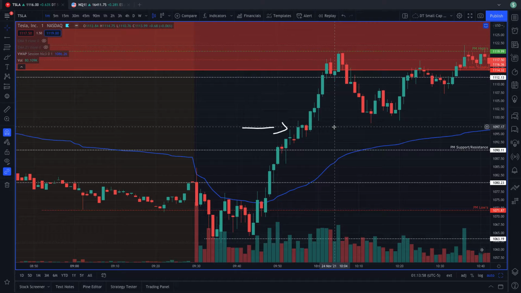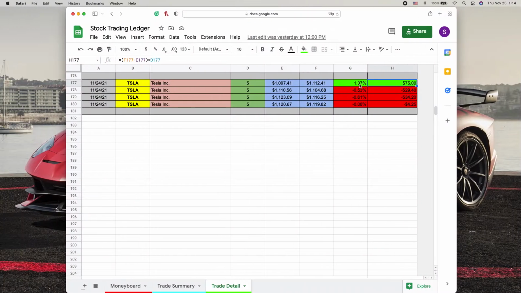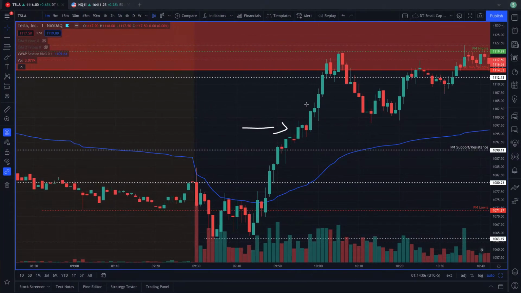Now, here's where my downfall came, and how I almost ended up red on the day. Basically, as we know, today, which is November 25th, is Thanksgiving in the US. And usually that means volume is pretty low, people going away on vacation, and basically not a good time to trade stocks, especially large caps, especially Tesla.